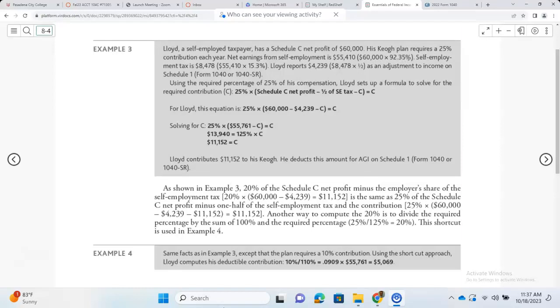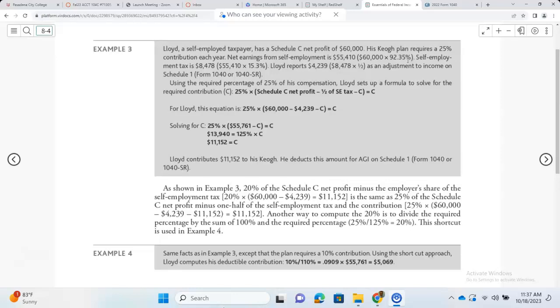You know why it is 92.35%? That is 100% of your income less half of the self-employment tax. Self-employment tax is 7.65% for Social Security and Medicare. The other 7.65% is the responsibility of employees themselves to pay.